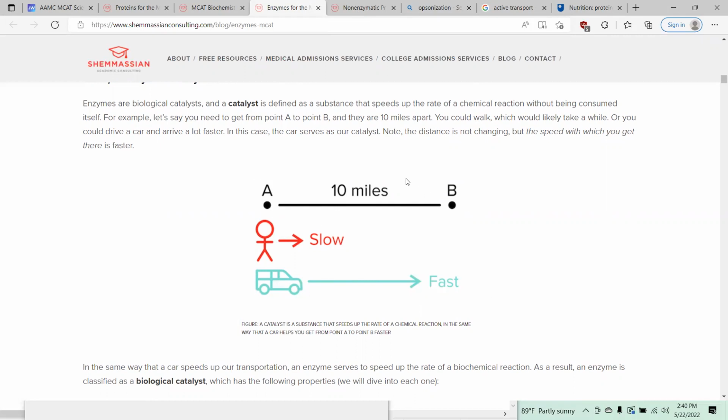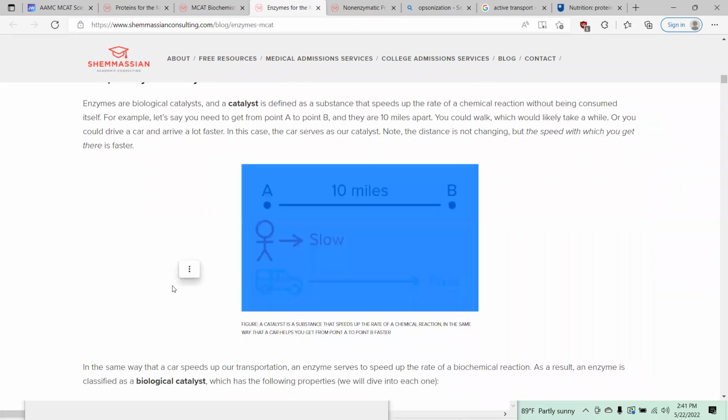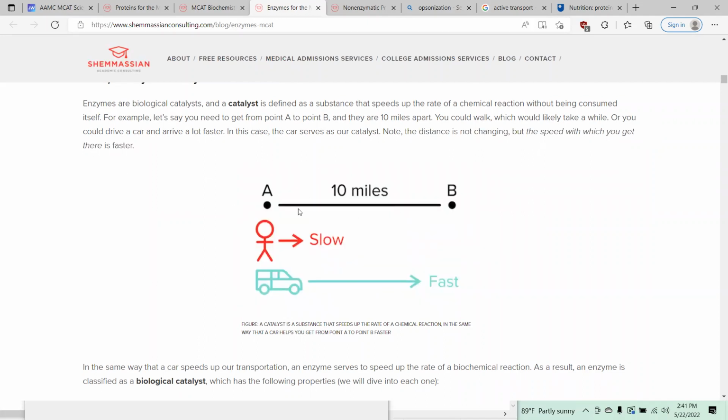The beginning and the end is the exact same thing, but we get there faster. So they're saying the distance is not changing and the destination is not changing, but the speed to get to the endpoint is faster. So a car is an enzyme. Or an enzyme is a car. An enzyme makes this process faster.